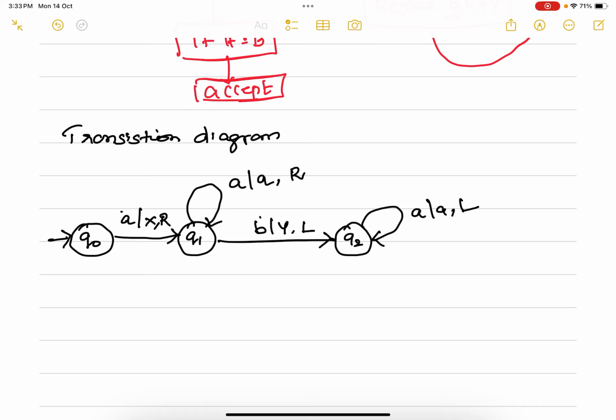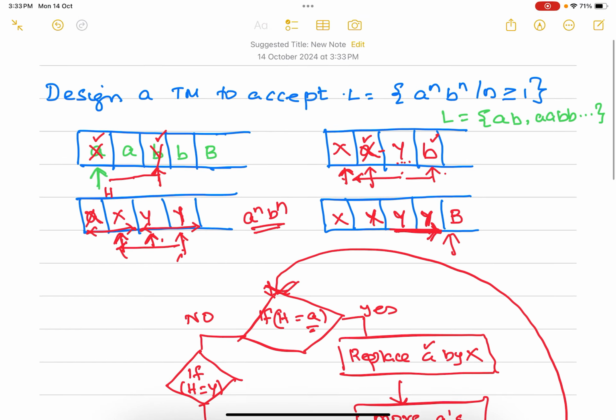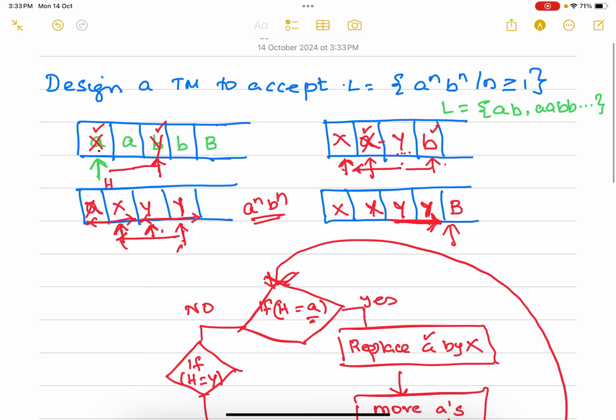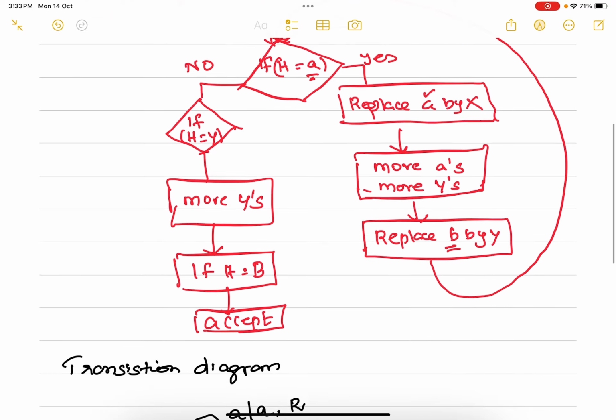Now once we move towards the left hand side, we will arrive at a point where we have converted this X. In between A's we replaced with A and moved towards the right. B came, we replaced that with Y and we are trying to move towards the left. All A's we have replaced with A and come to the starting point where we started.